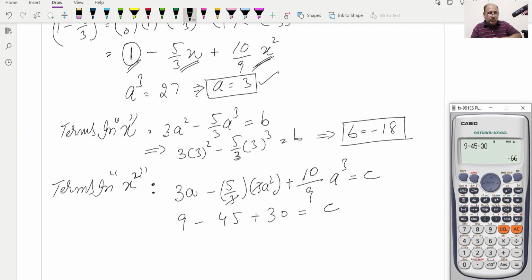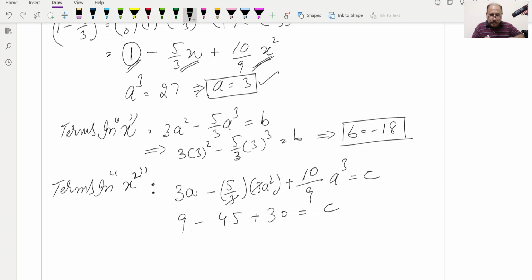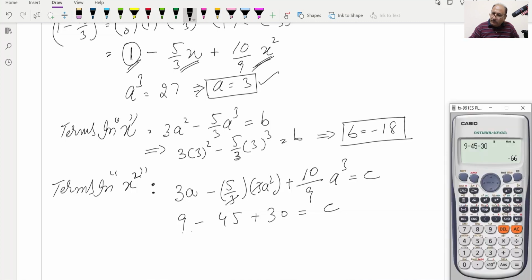Let me check again. So 3 into 3 will be 9, minus 45, yes, and this will be 27, so it should be 30, and 9 minus 45 and plus 30.